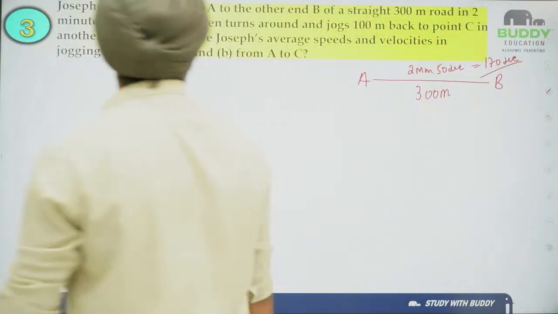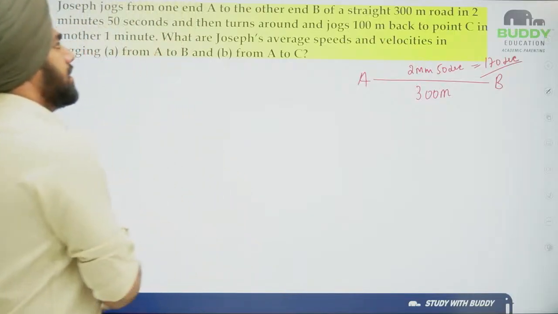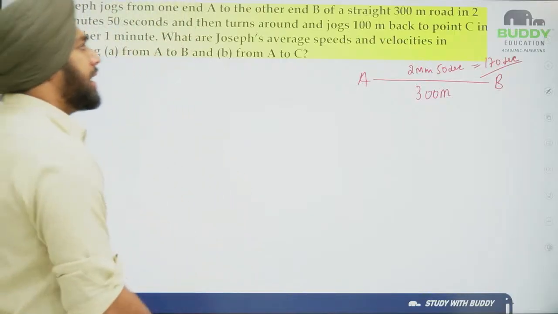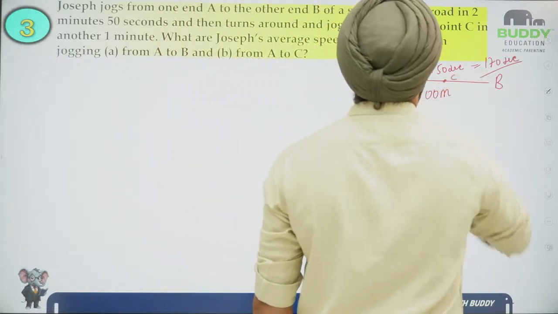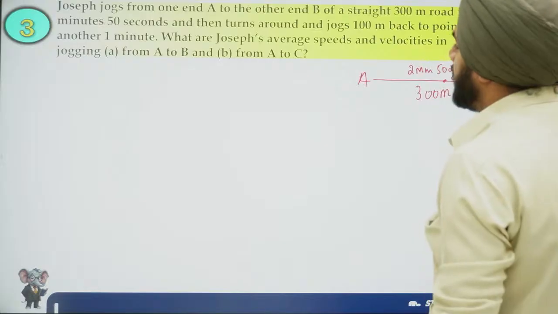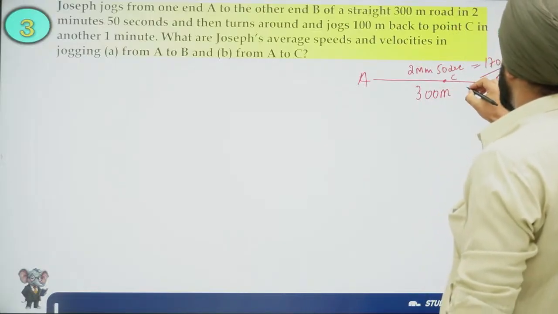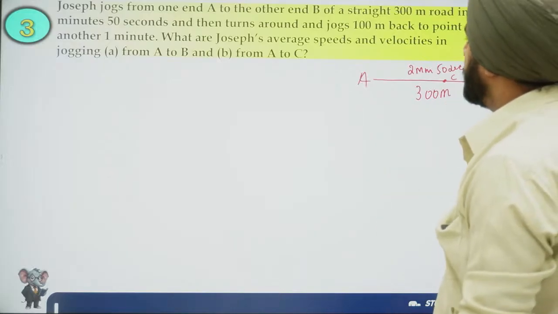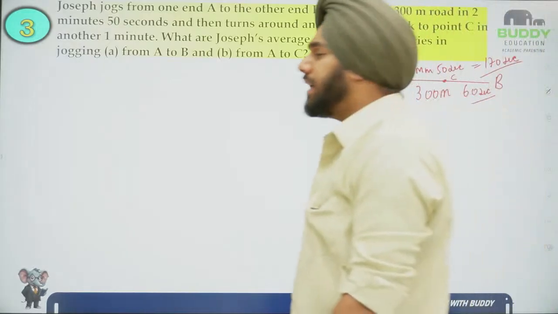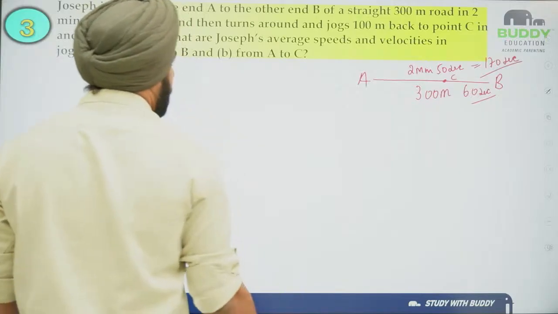Clear? And then he turns around and comes back 100 meter to point C in another 1 minute. So he took another 60 seconds to come back. So we have to find out the average speed and average velocity. Now listen to me very carefully.